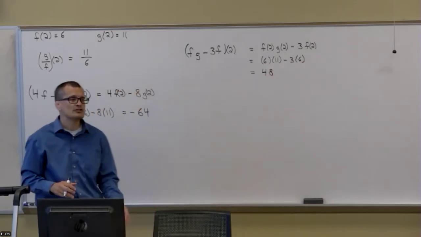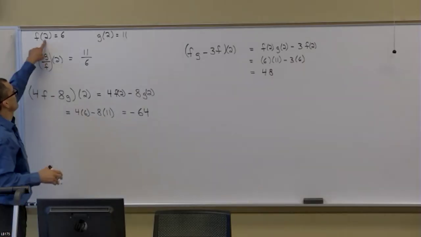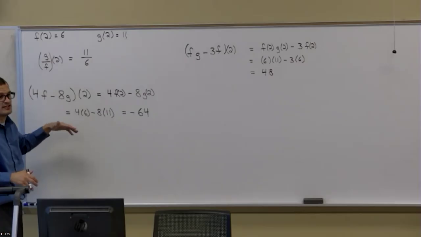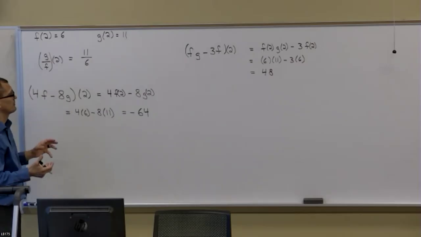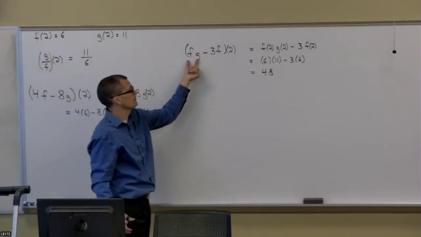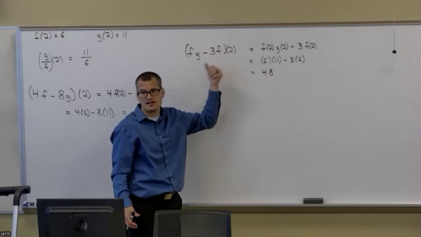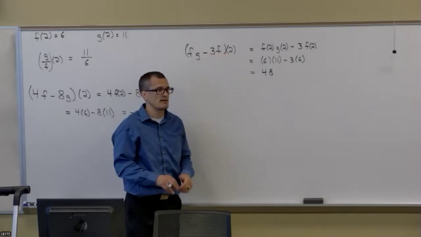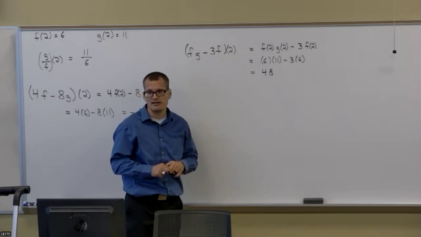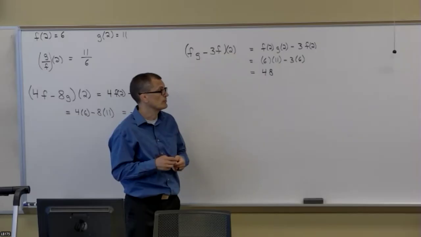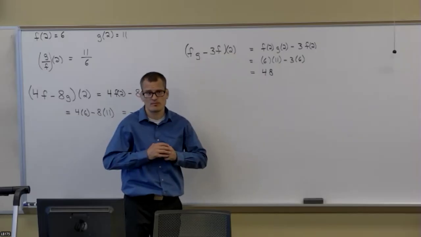And you can imagine that we could do this with expressions as well. You can multiply by constants, you can combine different operations like function multiplication, function subtraction, multiplying by a constant. Lots and lots of different operations you can combine when you're doing this function arithmetic. All right?